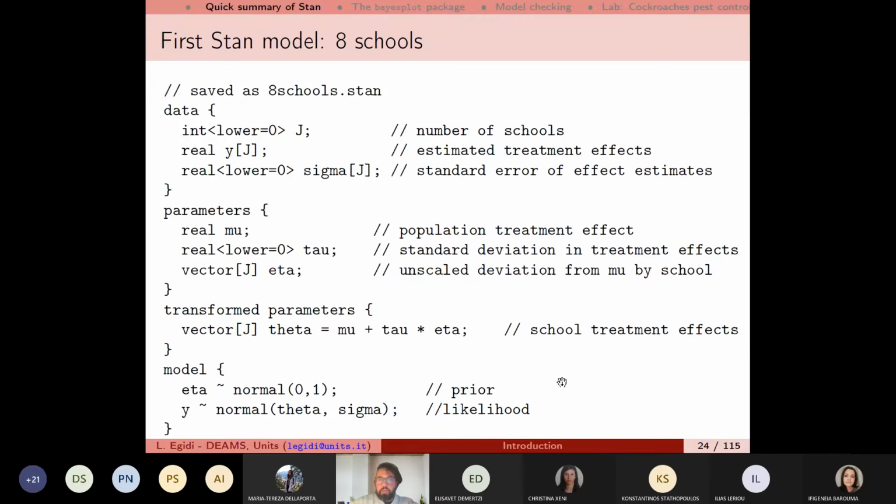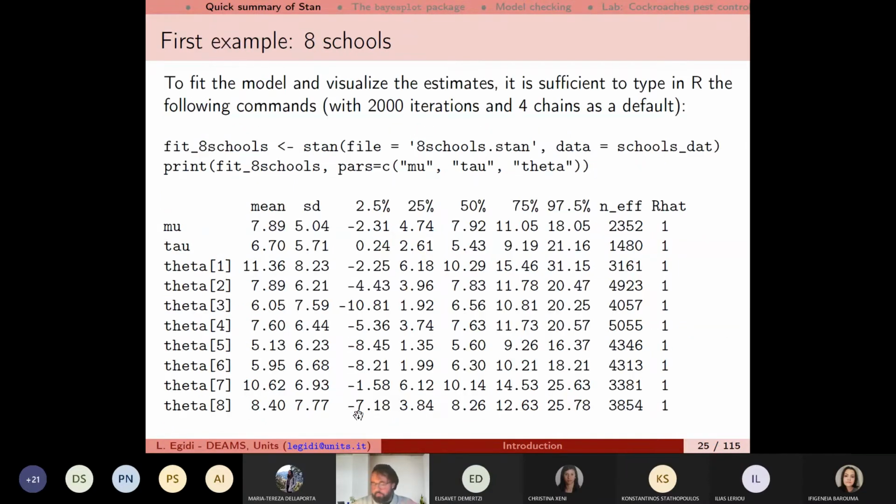So basically, what I do is use the aggregated values for the schools, in which I have 8 schools, J, and y_j are the test scores for each school. Of course, I'm defining here a sigma different for each school, and then the model block in which I'm defining a normal regression. So a very, very simple model, theta and sigma. I don't care a lot about this model because it is very simple, and I don't want to focus so much on it.